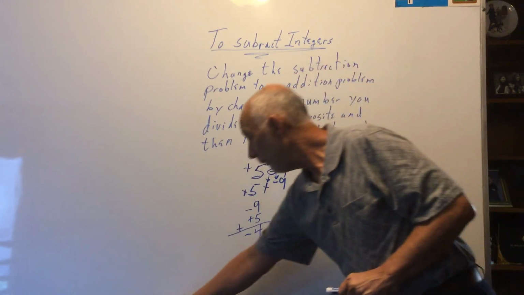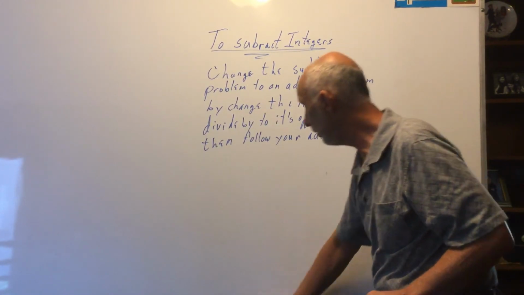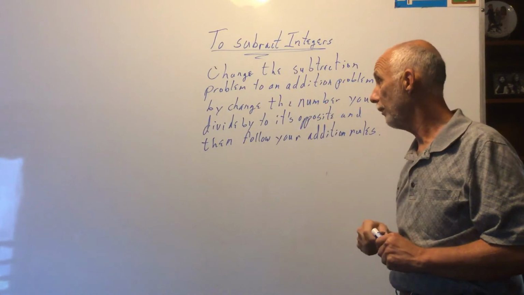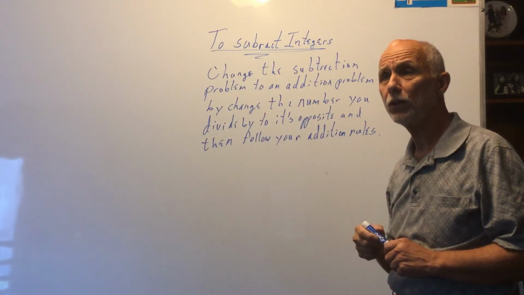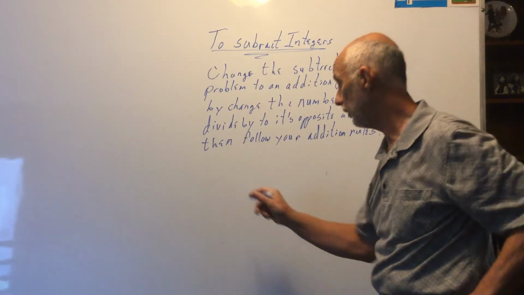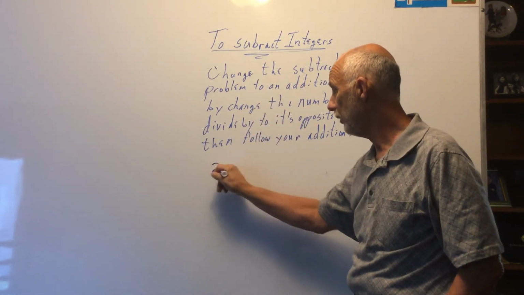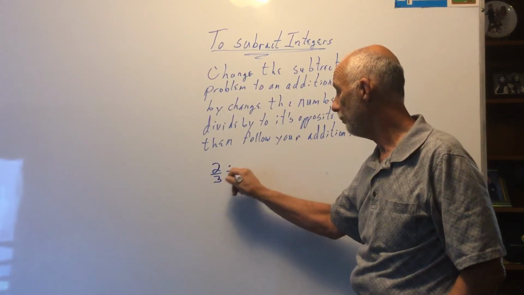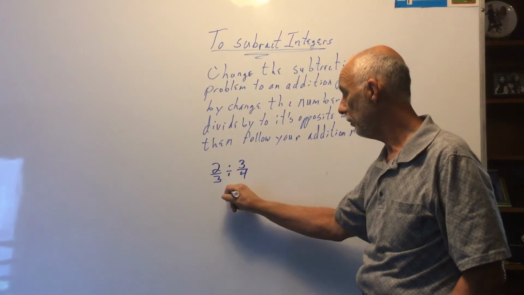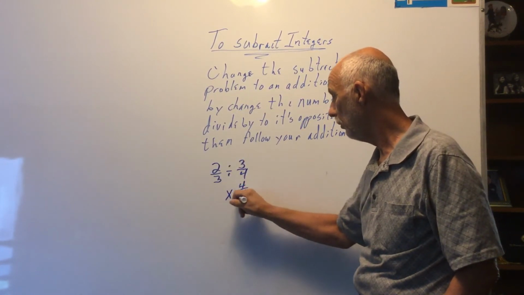Okay? By the way, this whole idea of changing subtraction to addition by changing the number you subtract by to its opposite should remind you of dividing fractions, because we did the same thing there. If I had something like 2/3 divided by 3/4, didn't I change division to multiplication by changing 3/4 to its reciprocal?